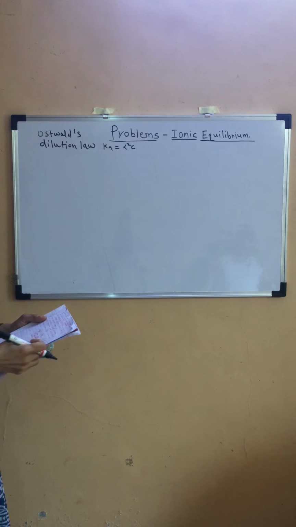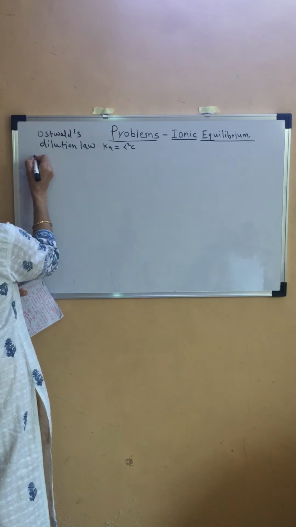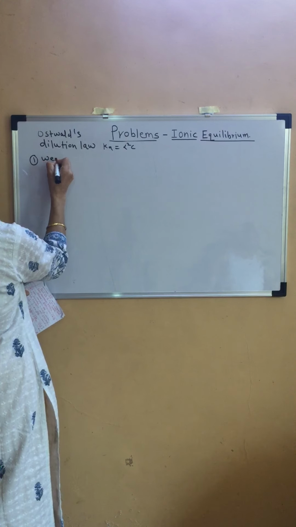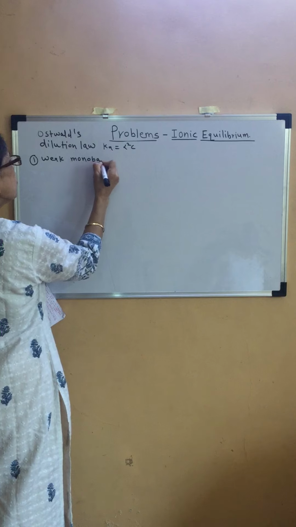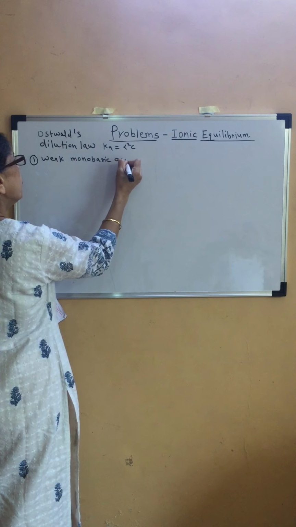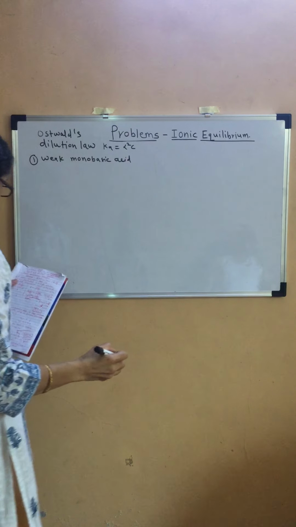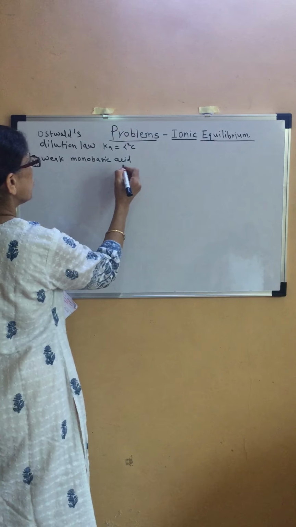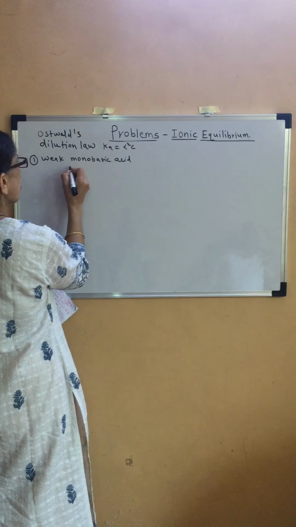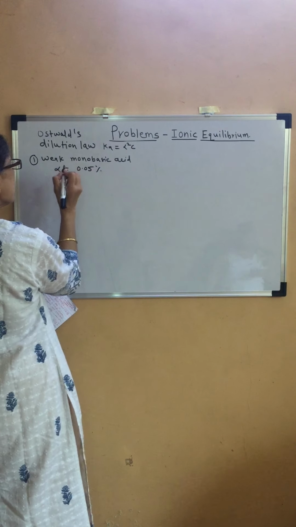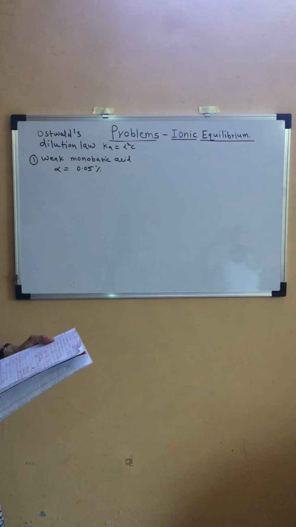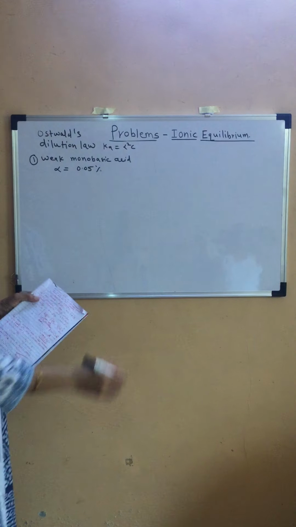A weak monobasic acid is 0.05% dissociated. What is given? It is 0.05% dissociated, means alpha, degree of dissociation, is 0.05% in 0.02 molar solution.